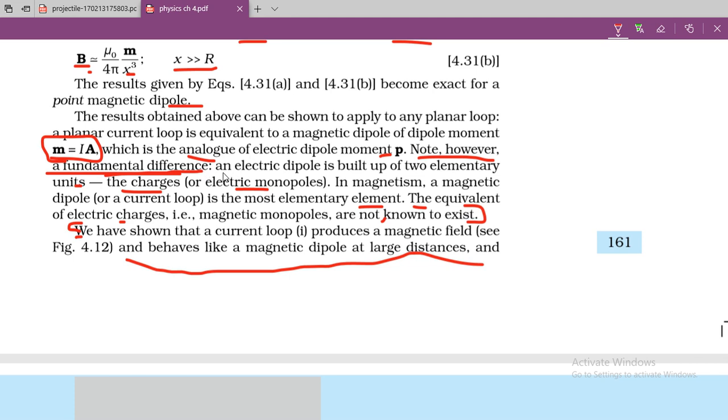You can see here an electric dipole is built up of two elementary units, the charges. So you know that in case of electric dipole there is negative and positive charges. Okay, so this one is negative, this one is positive charges, they are separated by some distance.